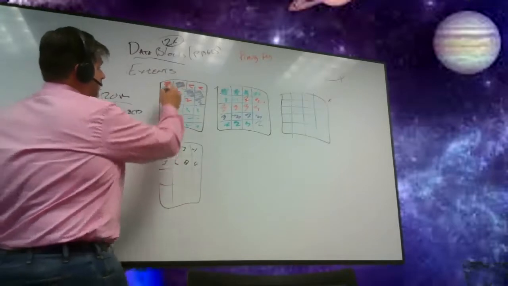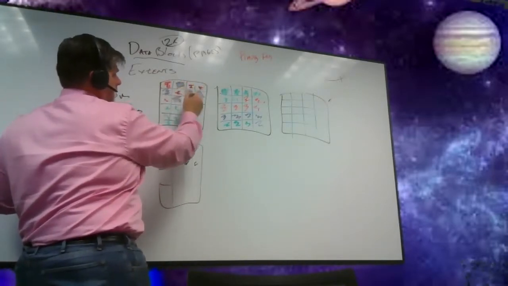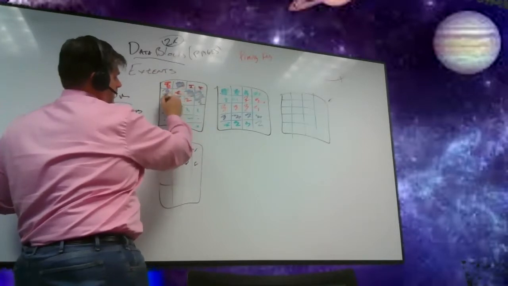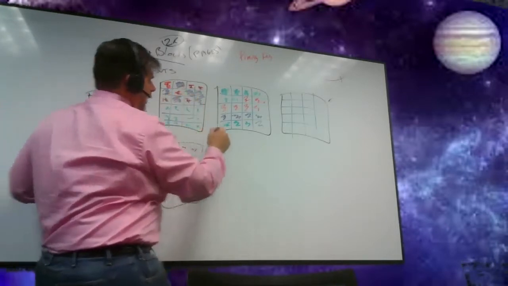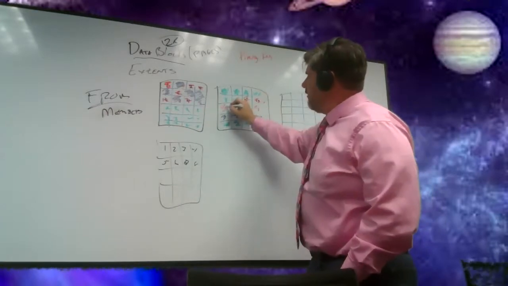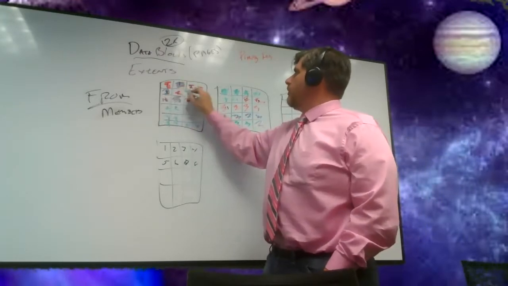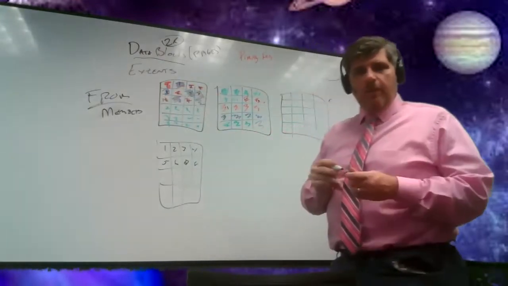Now, here's row 1, here's row 3, here's 4, here's 6, 7, 8, 9, 10, and here's 11, and then over here are 12, 13, 14, and so on. Here's row 1, 2, 3, 4. So you kind of get the picture here, right?